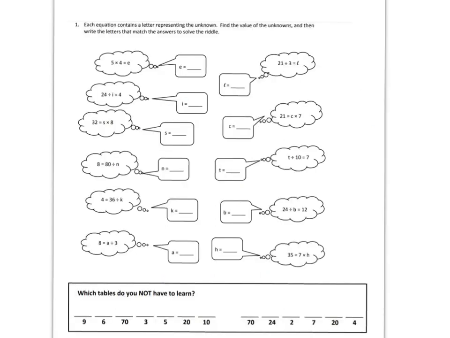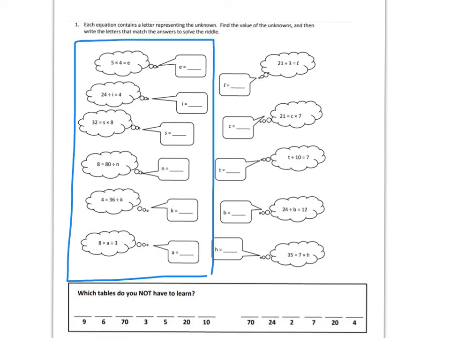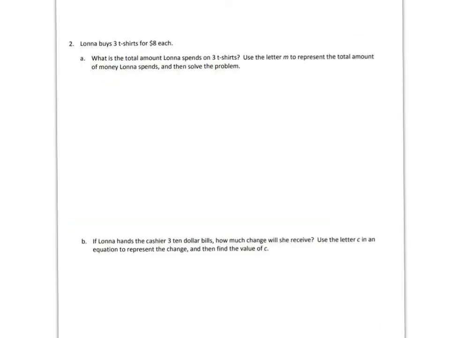Turn to the problem set. You are going to be completing this first column right here. If you get hung up or confused on how to complete any of these multiplication or division problems, turn back to the examples that we did together, either in the whole group or on the video to help you. Turn to the second page of the problem set.